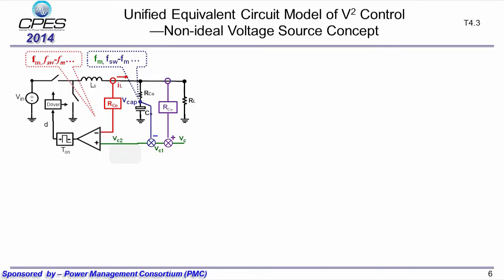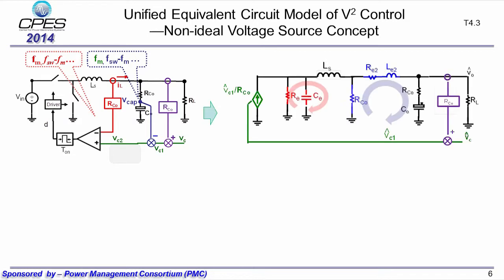Now, for a general case, the inductor current sideband information also needs to be considered. This graph shows the equivalent circuit. The equivalent circuit reveals that the inductor current feedback turns the power stage into a non-ideal current source. The non-idealness of this current source is shown in the equivalent circuit by resonance between CE and LS.